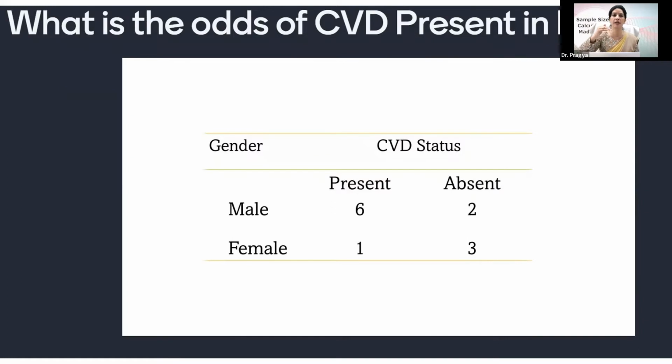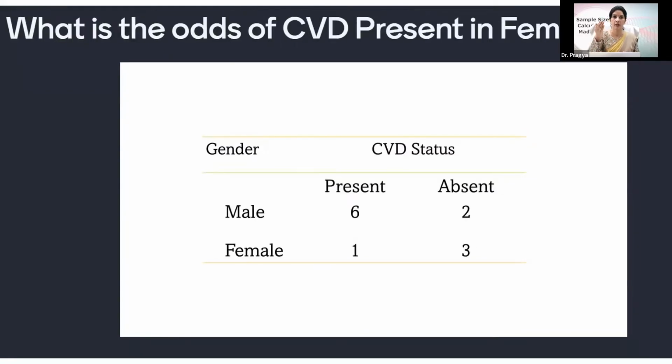So odds of cardiovascular disease. How do we define odds? Odds we define as the presence of that disease, and in the denominator we take the absence of that disease in a particular gender. Like in this case, it is 6 men out of a total of 8. So the odds of the disease in male will be 6/2. Similarly, if the next question is the odds of cardiovascular disease in female, then what will be the odds?